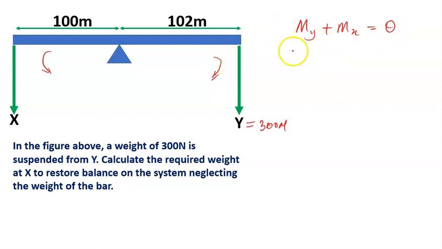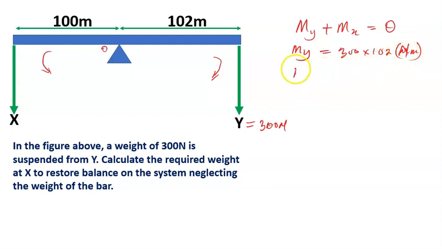Now, for the moment produced by y, between y and point O here, I have 102 meters as the perpendicular distance to the point of action. So the moment produced by y is given as 300 times 102 newton meters.